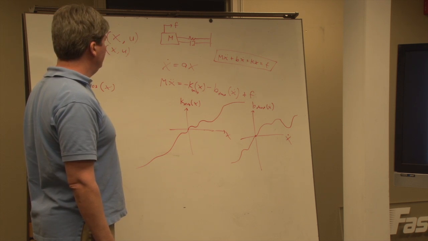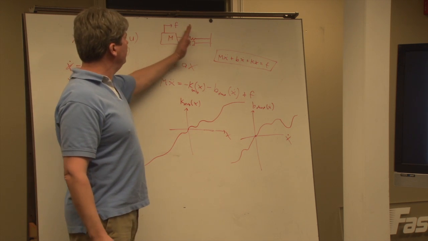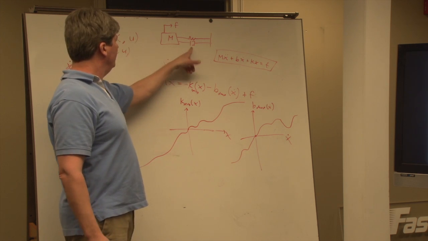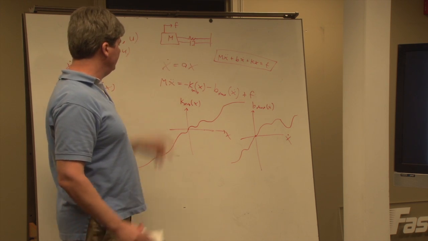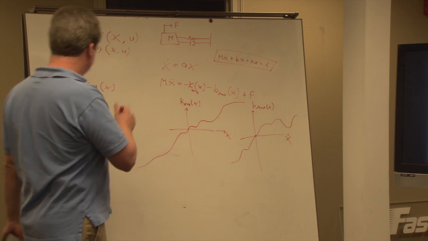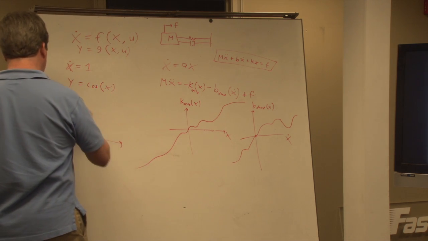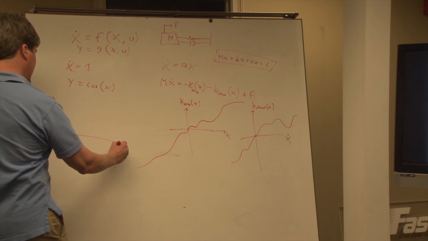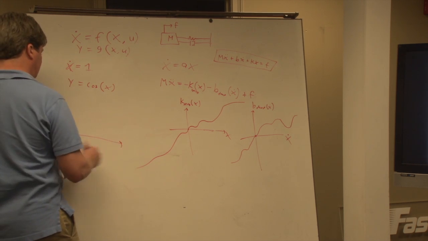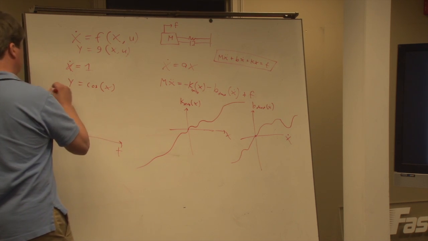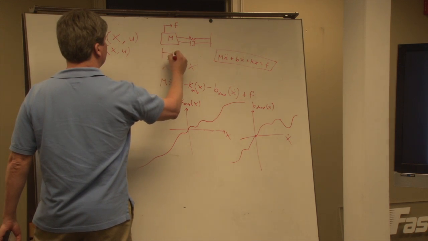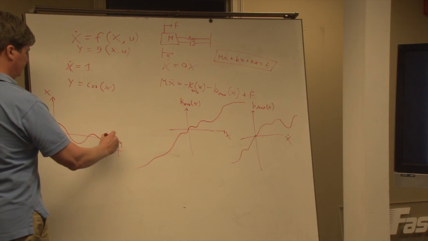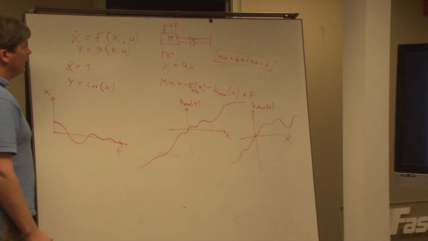Right, so it's easy to see why these things oscillate. You push it that way, your spring's pushing back, you let your spring accelerate it backwards, and with any sort of damping, if there's no driving, these things are going to decay down. So if you give it an initial condition, and this is t and x is the position of the mass, then it's going to do some sort of decaying down.